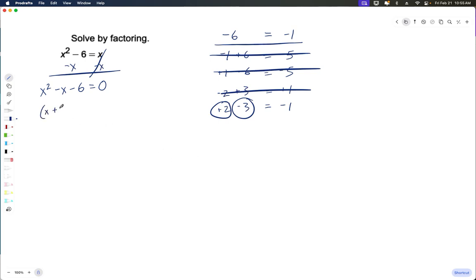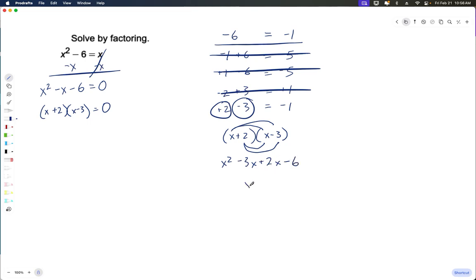So x plus 2, x minus 3 is equal to 0. Check my work. Okay, x plus 2, x minus 3, x times x is x squared, negative 3x, positive 2x, negative 6.